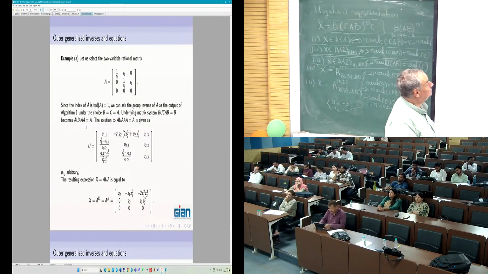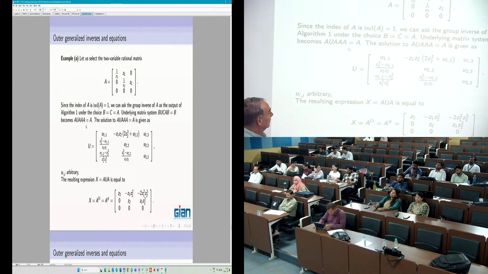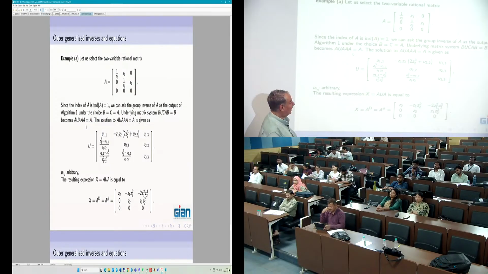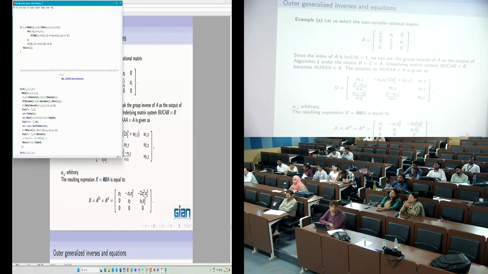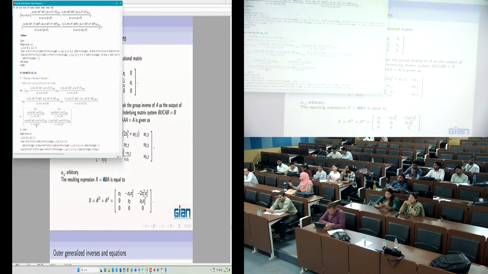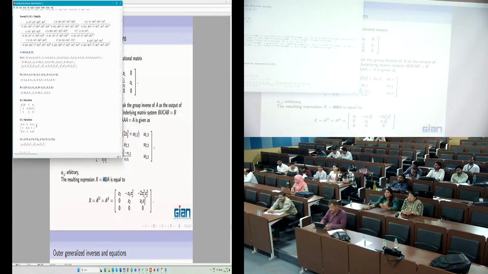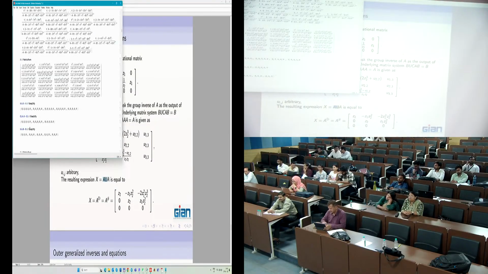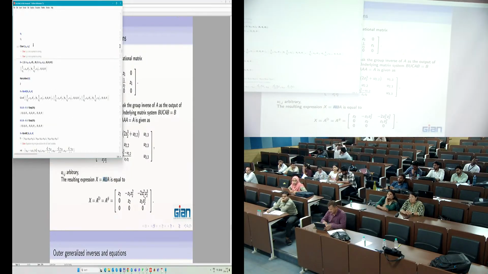A matrix. This choice B equals C equals A leads to the equation BUA. In Mathematica, from right, we need to define a function shift, and I will find the definition of A. In any case it is possible that some previous definitions will be included here.